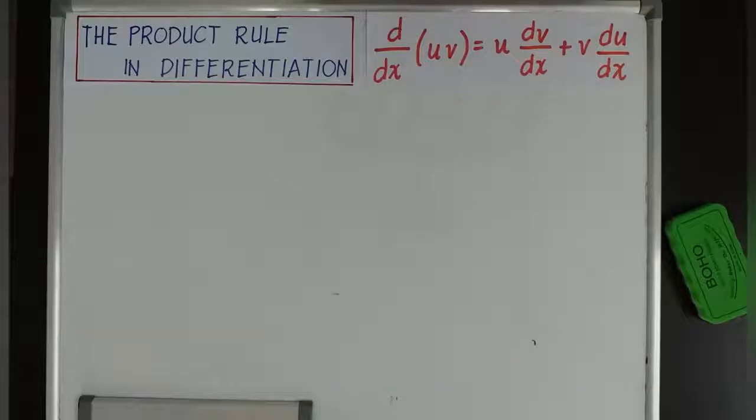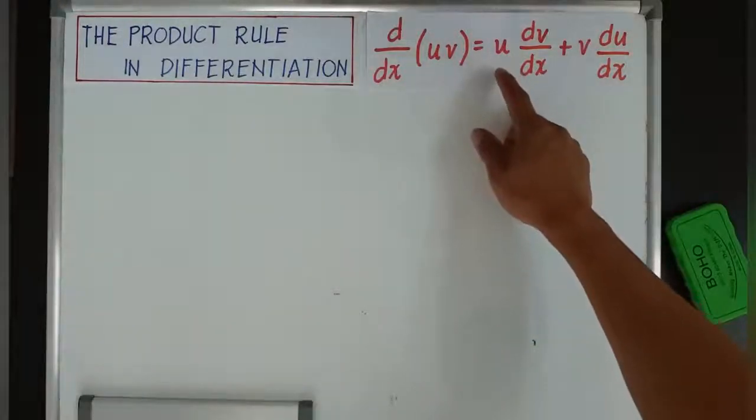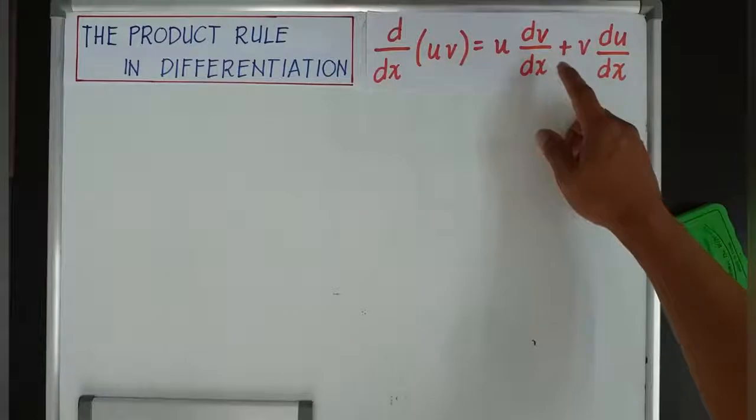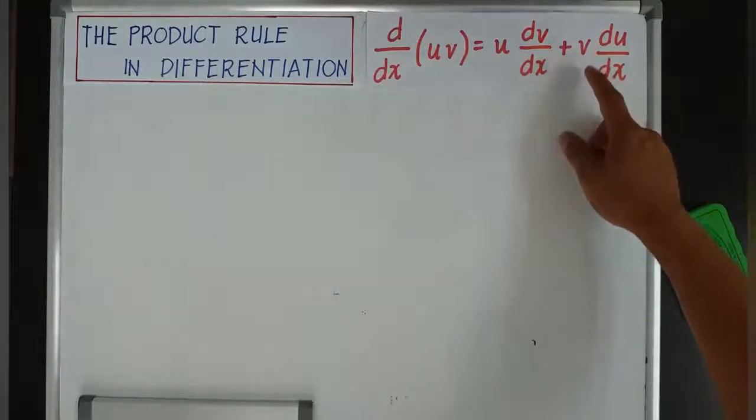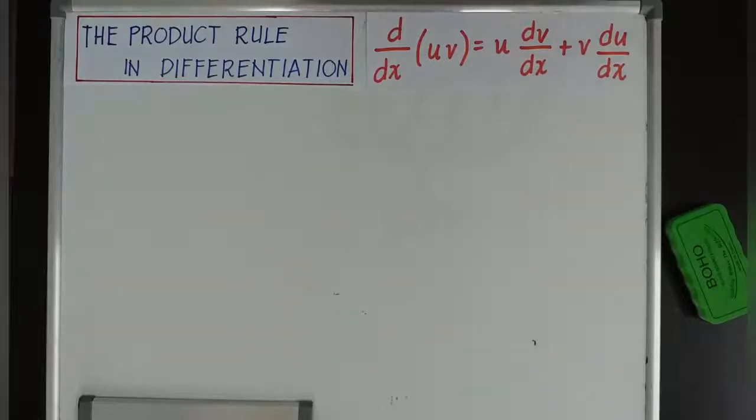This rule is all about two functions you multiply. The result will be the first function times the derivative of the second function plus the second function multiplied by the derivative of the first function.